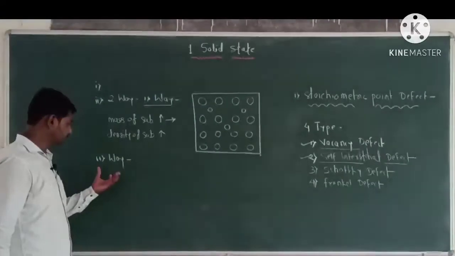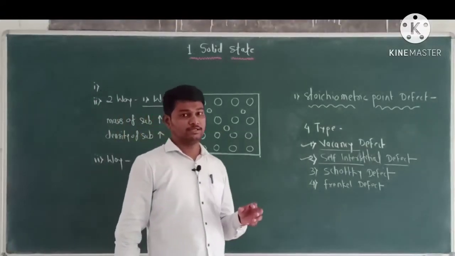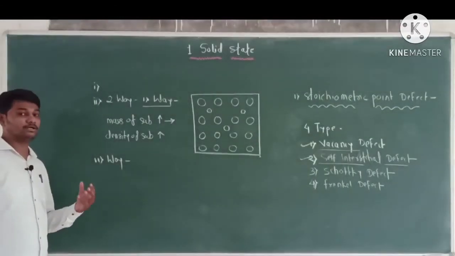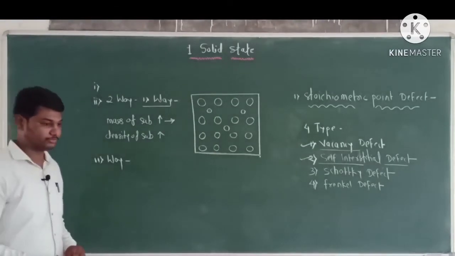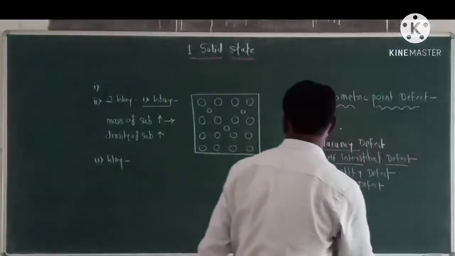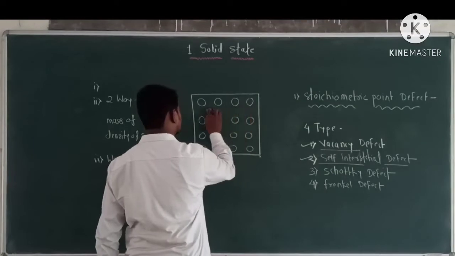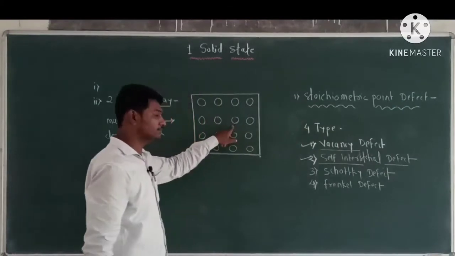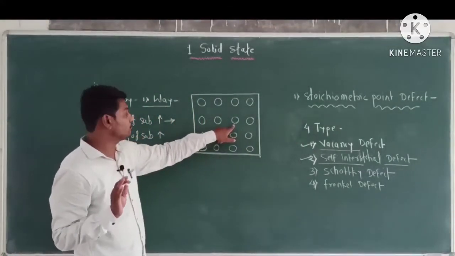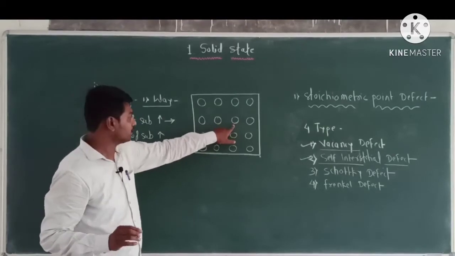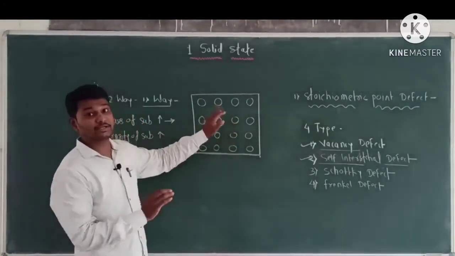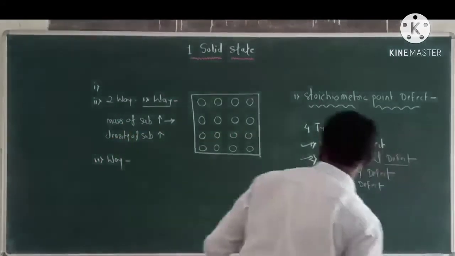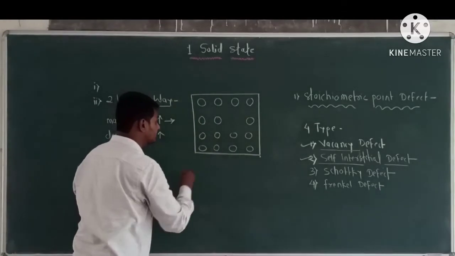In the second way, the constituent particle leaves its regular position and moves to occupy the interstitial site. For example, this is the constituent particle, and this is the original place or original site of this constituent particle, but this constituent particle leaves its regular or original place or site and moves to occupy the interstitial site.